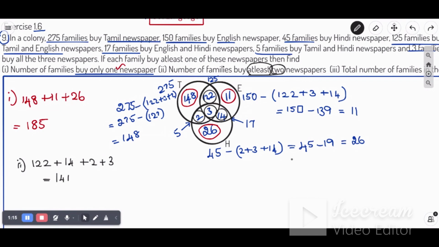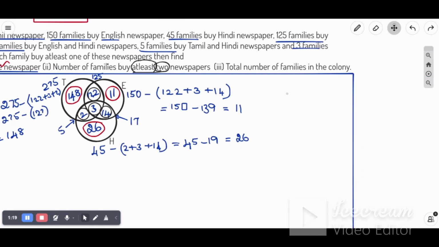Now the next question will be the final thing: the total number of families in the colony. So how do we find out the total number of families in this colony? If you could see, you can use this diagram again. Let me redraw the diagram. Here, 148 families are buying only Tamil.